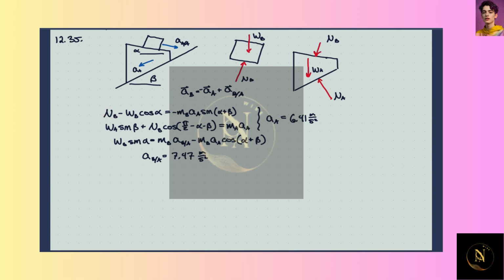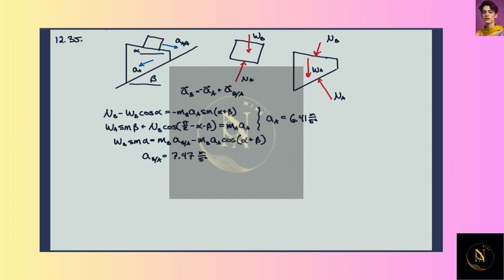We can solve this one for N_B, plug it into here, and then solve everything for the acceleration of A. I didn't go through all the algebra, but it's pretty standard: two equations, two unknowns. I didn't write down what this was because he didn't ask us, but we get the acceleration of A is 6.41 meters per second squared. So it's sliding down this incline as we expect it to.